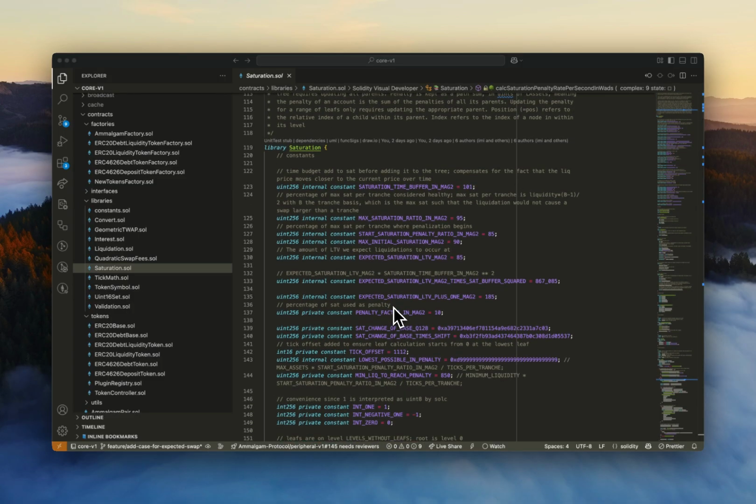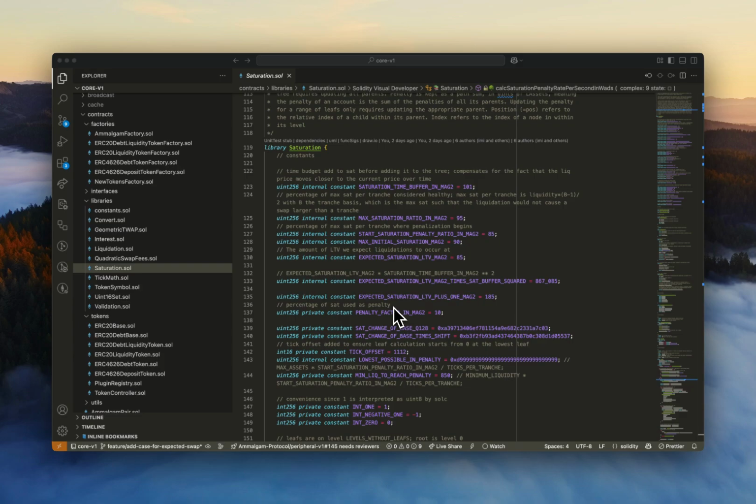So we have these large tranches, and we basically use these tranches to measure what would get liquidated in that area. When a new debt is created, we calculate where it would start getting liquidated and where it would end getting liquidated with the current reserves available.